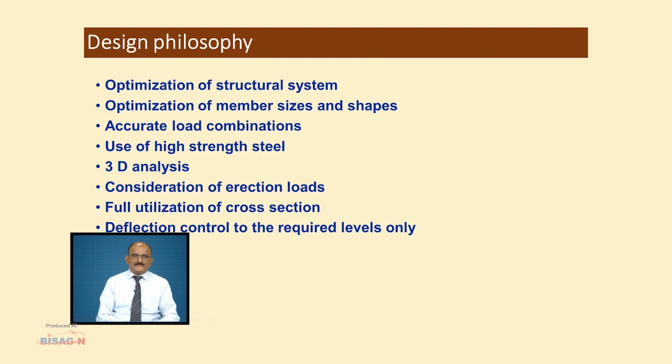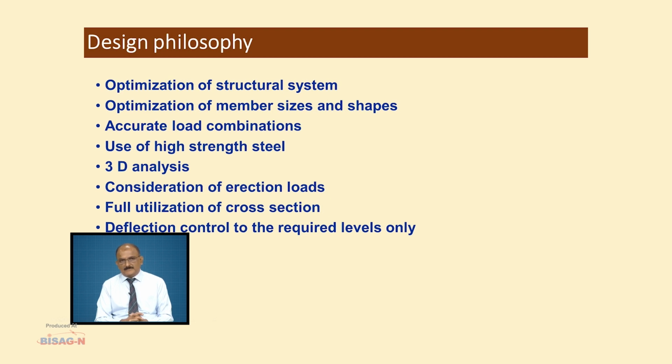As I told you, in the design philosophy, the first and foremost is the optimization of the structural system. When you are modeling a steel structure, we can change the number of columns, we can change the number of frames, we can arrive at the most optimum structural system by which overall economy is achieved.